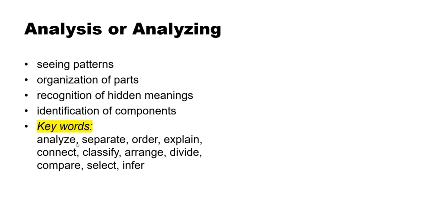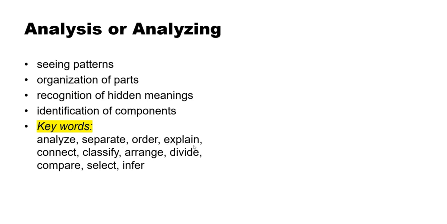Please know that these keywords are not specific to a particular level. We cannot say for sure that these keywords will only aim at the analyzing level of the cognitive domain. These words may also test other levels of the cognitive domain. Remember, this depends upon the content of the question in which the keyword is used.